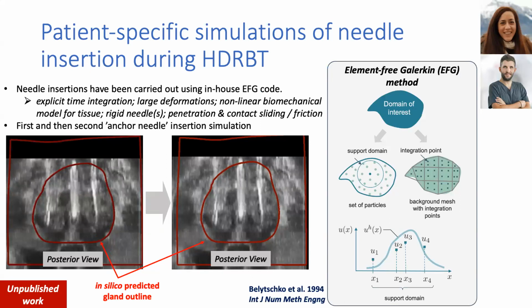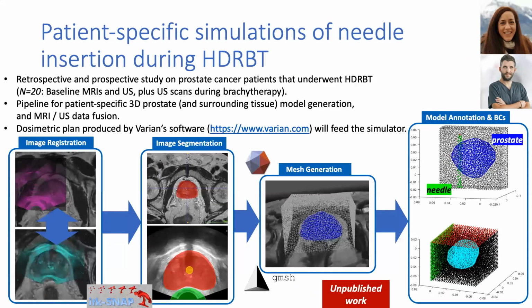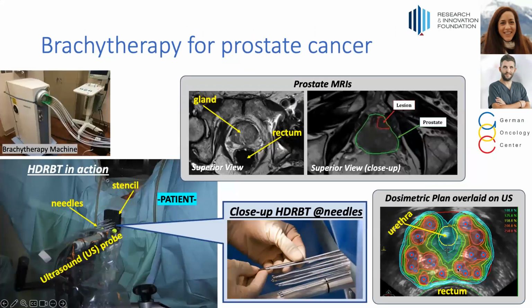Which means that the doctors may mistreat patients, meaning they may not target exactly where they had originally planned. What you see on the bottom right is simply the contour where they plan to insert the needles, and this is the contour that tells them this is going to be an effective distribution of the drug.